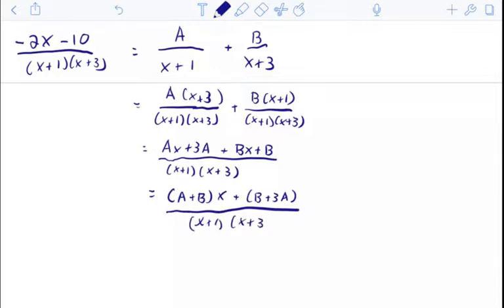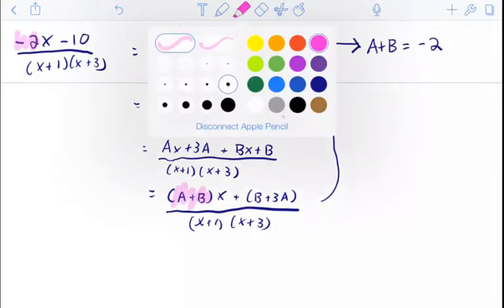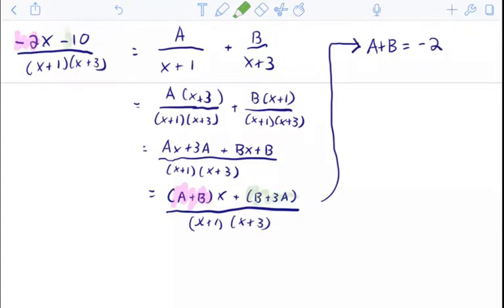And now I'm going to compare this one to that one. And so the equation has to be, maybe for the sake of the screen, I'm going to write over here. So a plus b have to add together to be the coefficient minus 2. And now I compare these two, this one and this one. And so b plus 3a has to equal minus 10.